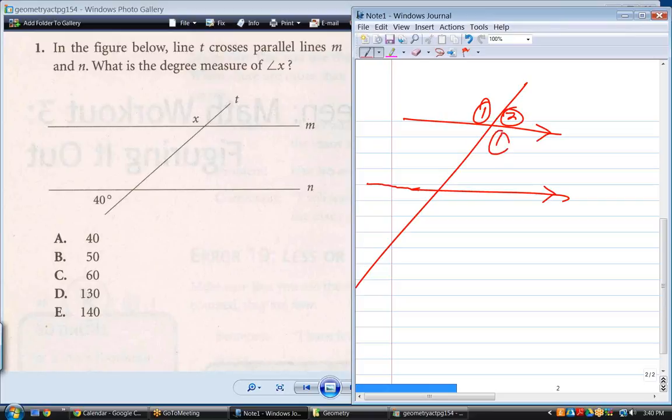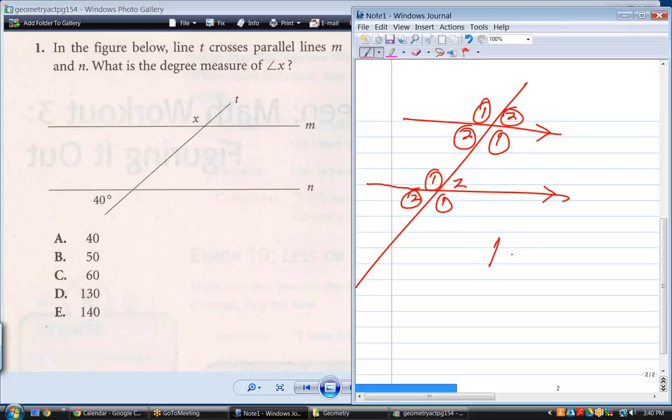This is the same as 1, this is the same as 2, this is the same as 2, this is the same as 1, this is the same as 1, this is the same as 2. Okay. So when you have a transversal and two parallel lines, there's not a lot really to figure out. Any acute angle is one of them, any obtuse angle is the other one.